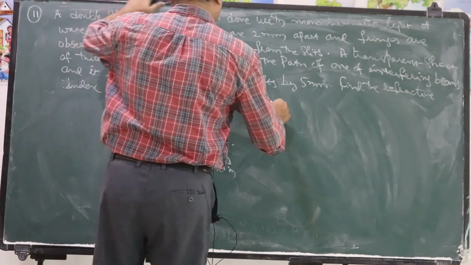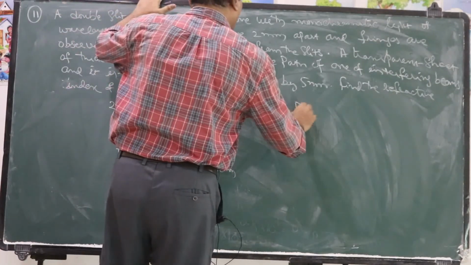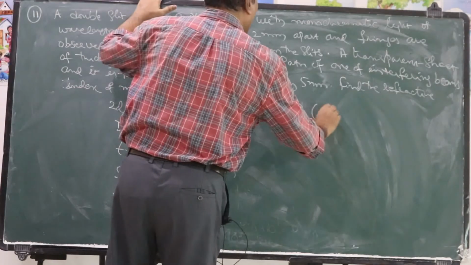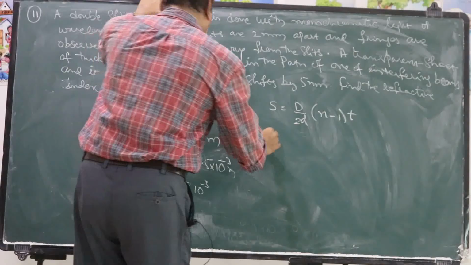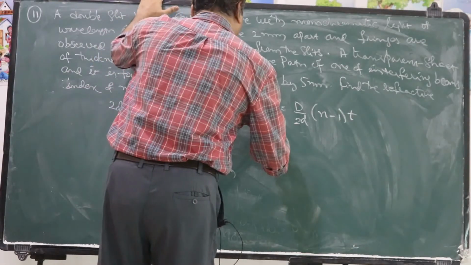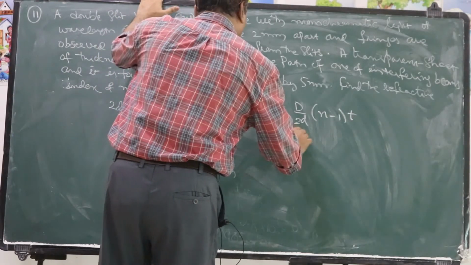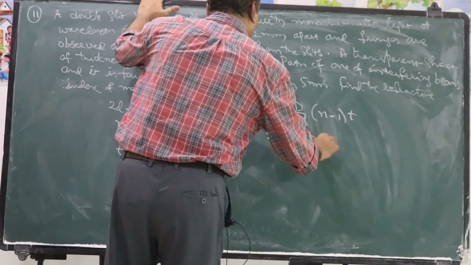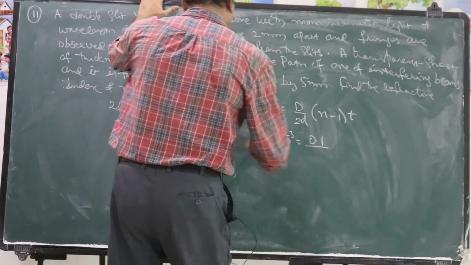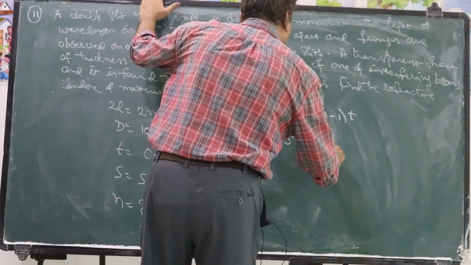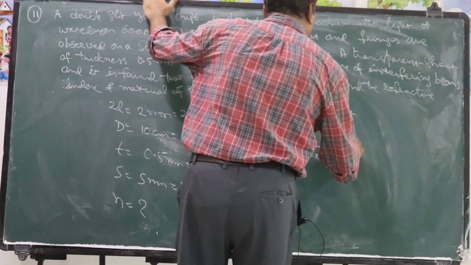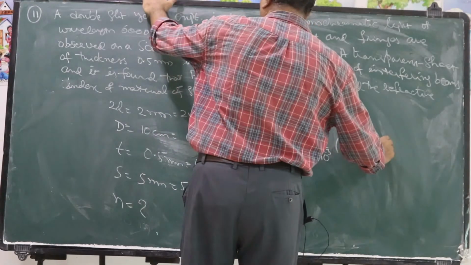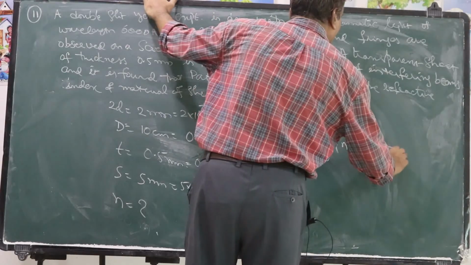So we have the relation that S equal to D by 2d into n minus 1 into t. So substituting all these in this equation, that is shift is 5 into 10 power minus 3, capital D is 0.1, by 2d is 2 into 10 power minus 3, into n minus 1 into thickness is 0.5 into 10 power minus 3.